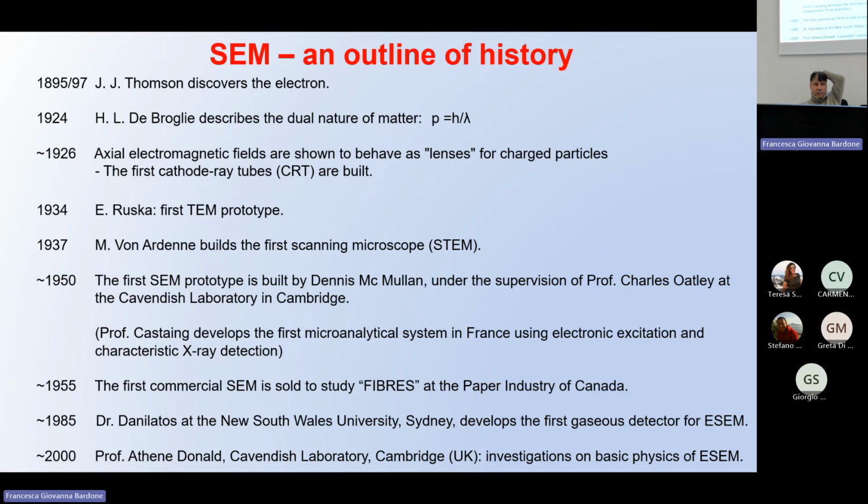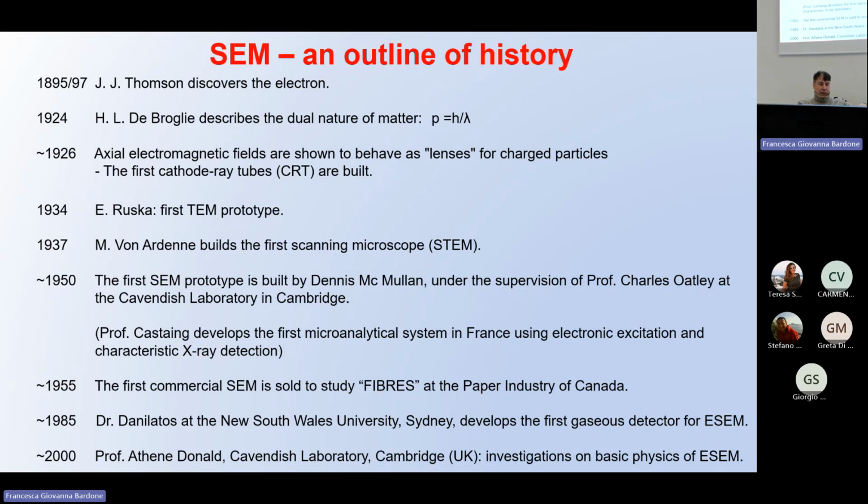Just a few things I probably skipped. The first SEM prototype was built by Dennis McMullan at the Cavendish lab in the 50s. At the same time, Professor Castaing in France developed the first system to detect X-rays coming out after the interaction.